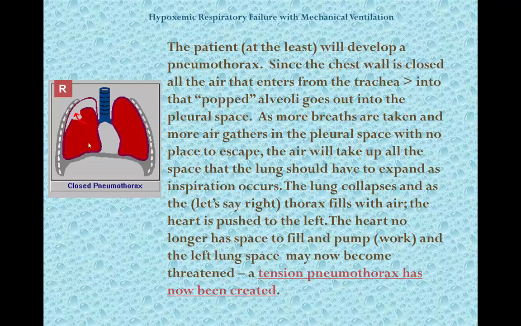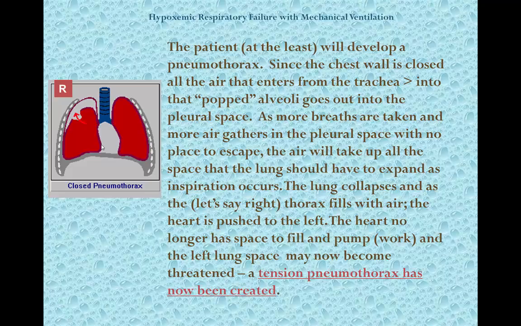And then again, as more and more air collects, this gap here is meant to represent where the heart is, and all of that air that's pushing will cause a restriction on the heart's ability to fill during diastole.